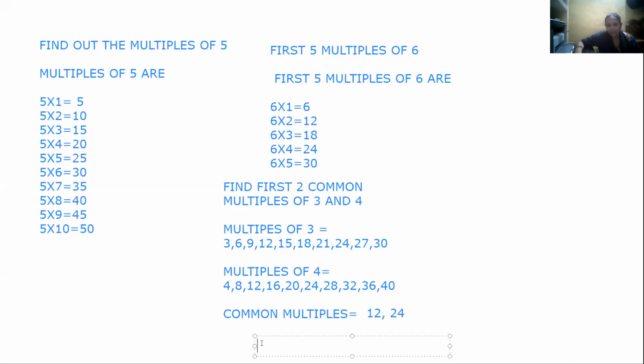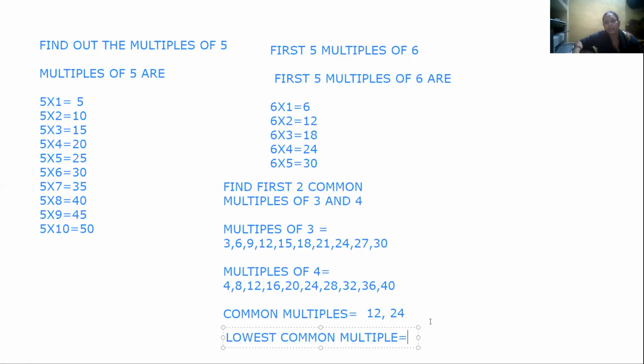Now next is the lowest common multiple. Now see, what is the lowest common multiple? In the above example, you have found the first 2 common multiples, 12 and 24, right?